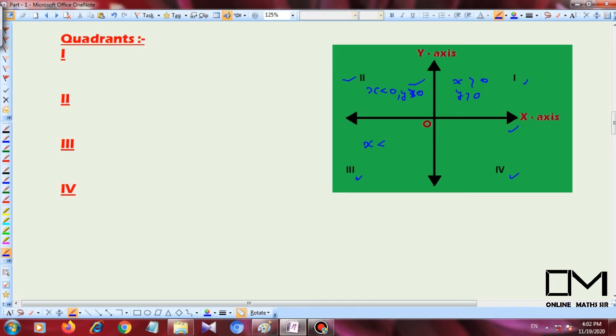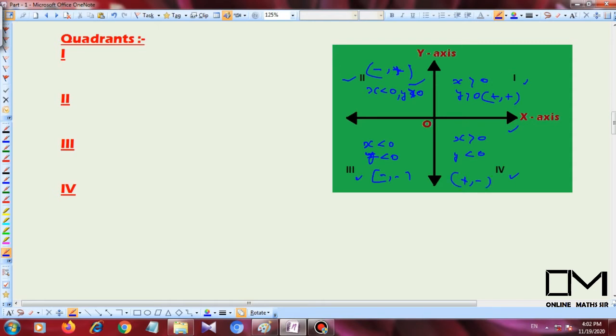In the third quadrant, both are negative, x less than 0 and y less than 0. In the fourth quadrant, x is positive and y is negative. Clear? Coordinates will have positive and negative signs.